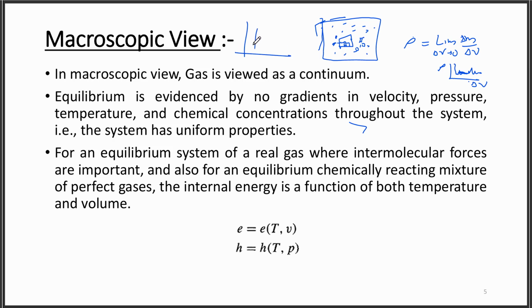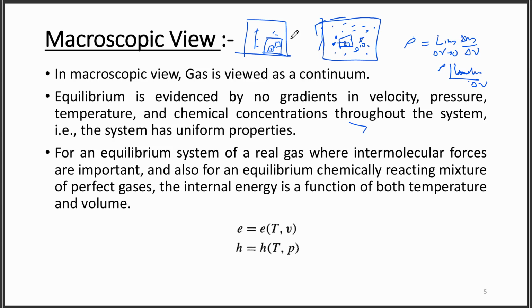Let's say there are very few particles. If we take a big size volume, we might get one particle and some density. But if we take a small enough volume, there might not be any particle inside.